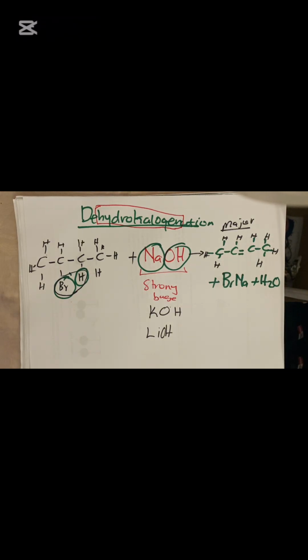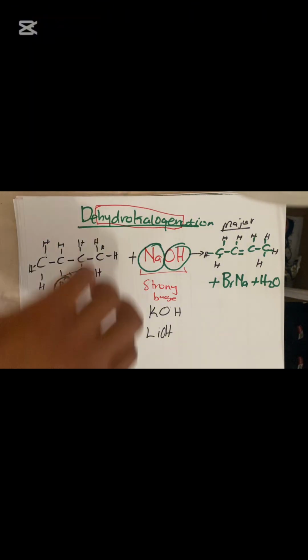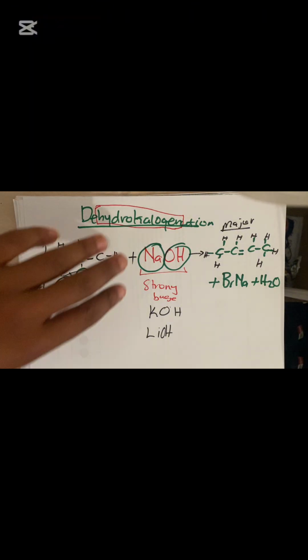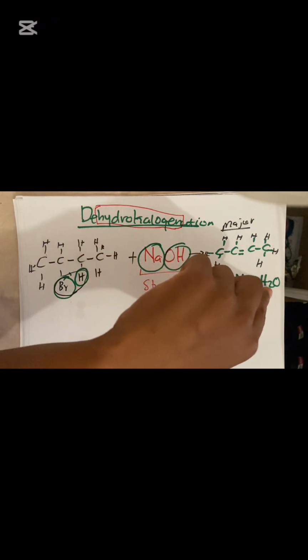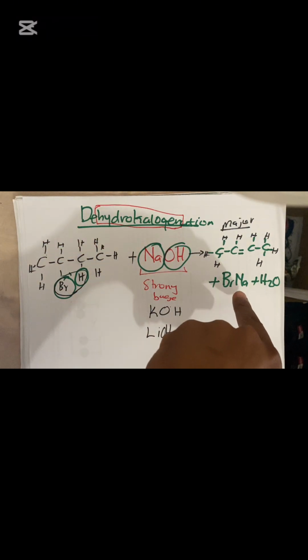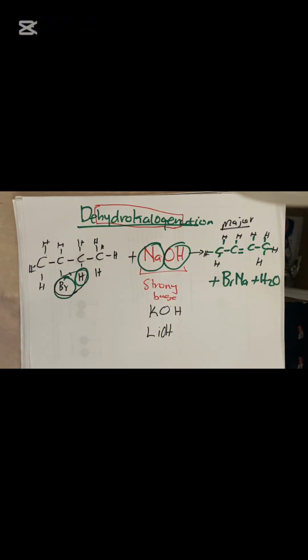Guys, you must always take into consideration that in dehydrohalogenation, the product is always three products: water, this salt, and the alkene.